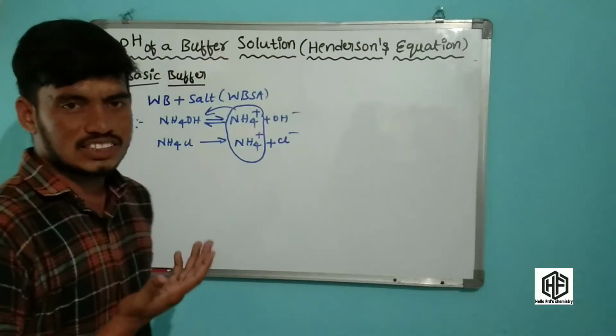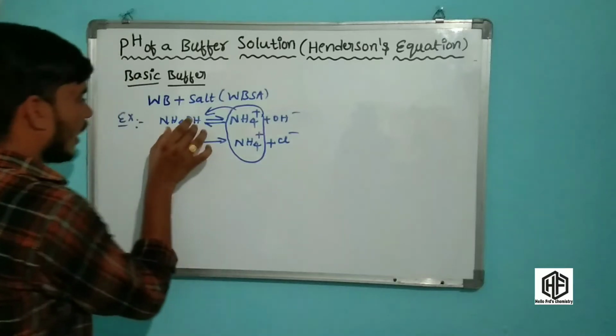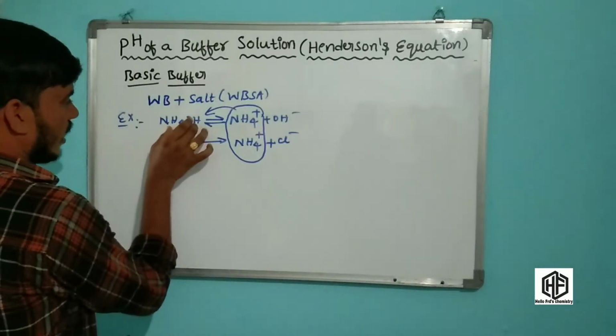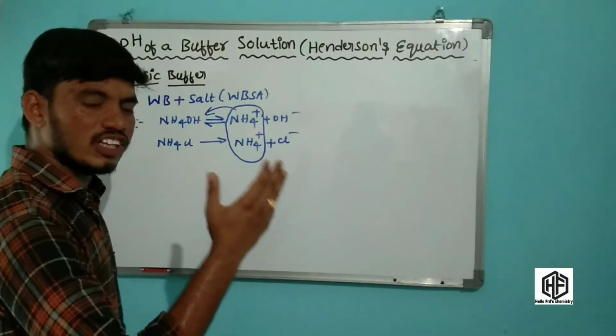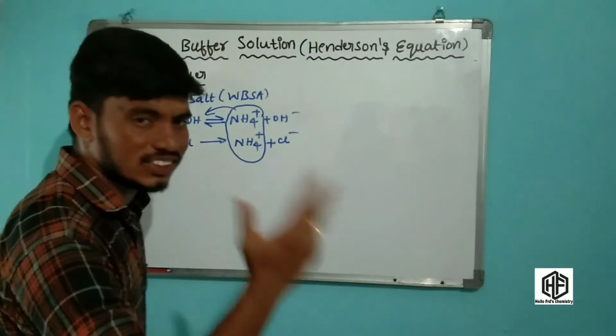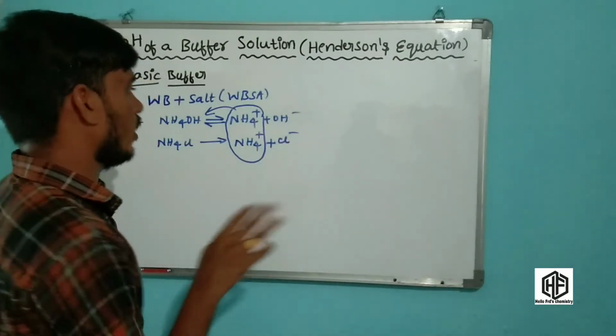Whenever the backward reaction takes place, the degree of dissociation of the weak electrolyte NH4OH decreases. It means the degree of dissociation of the weak electrolyte is neglected. That is the basic concept of the common ion effect.